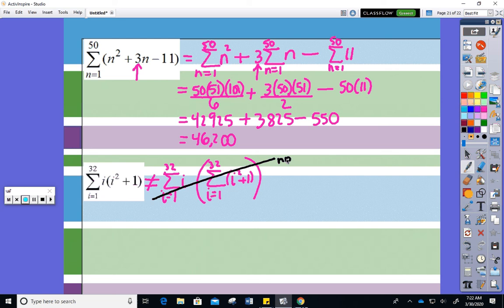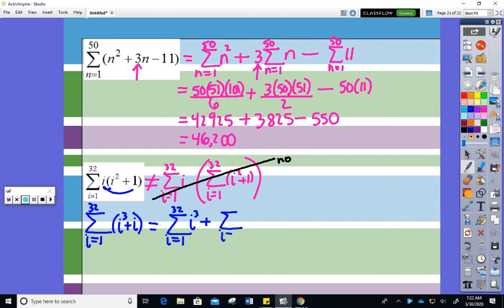So what I have to do instead is say, let me see if I can't rewrite the problem, and I can. If I just simply distribute, then I've got i cubed plus i, and then I can separate it into the sum of i cubed plus the sum of i.